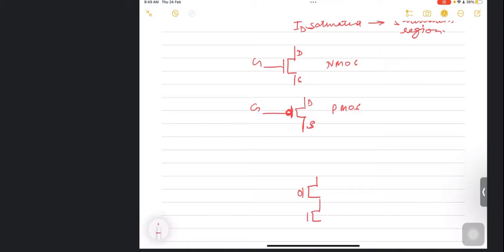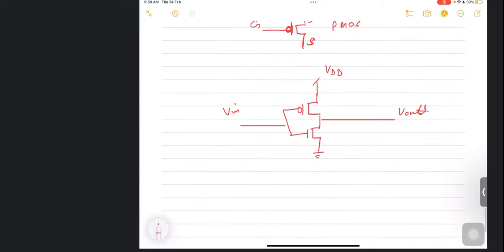If we make a circuit like this, this is VDD, this is ground, this is V input, this is V output. Suppose the input is positive, this is ground.